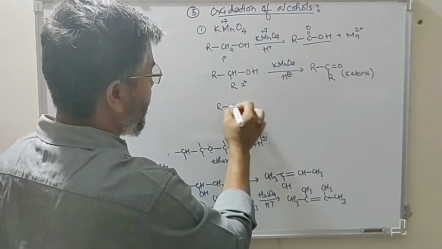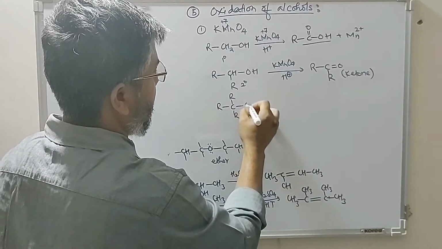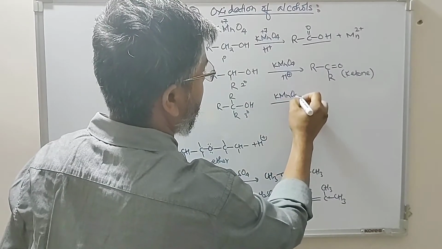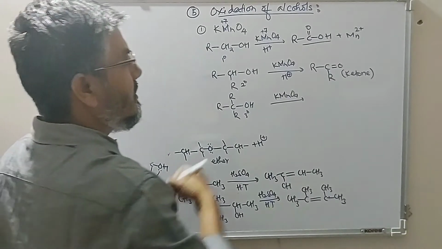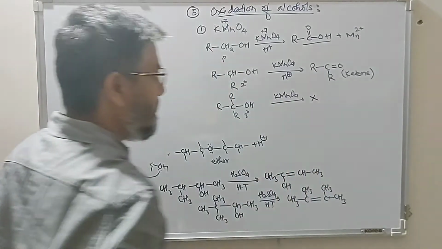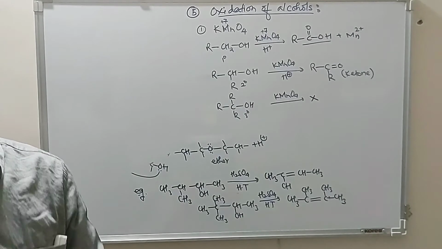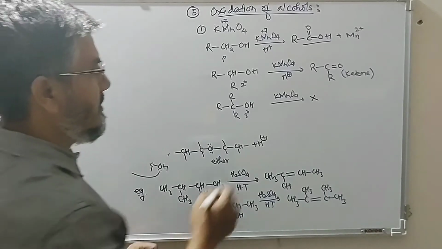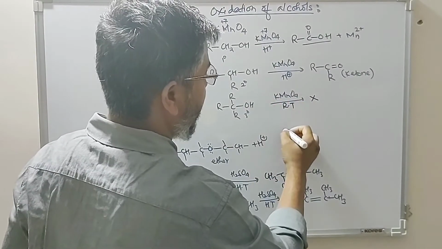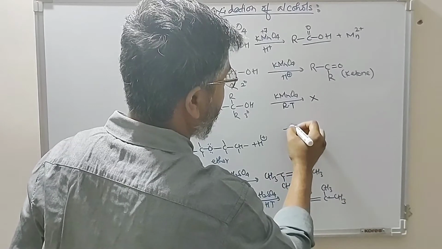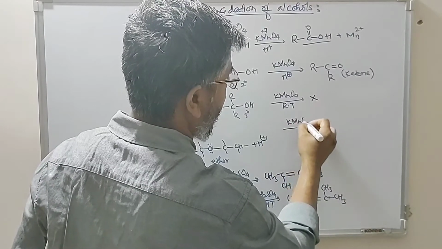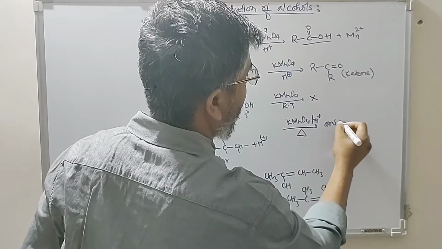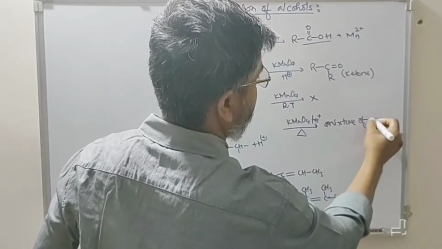If we start from tertiary, this is tertiary. So tertiary with acidified KMnO4 does not give any reaction. But if the reaction is followed by heating, then this gives you a mixture of acids. So room temperature, no reaction. But under the same reaction, that is acidified KMnO4 followed by heating, this gives you a mixture of acids.